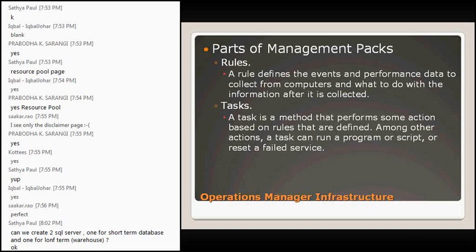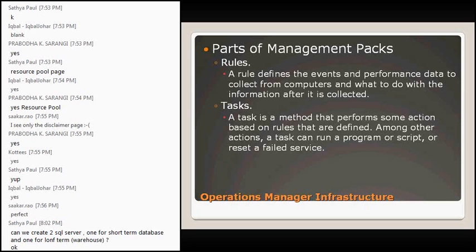It works like an if-then statement: collect if this is this. If the disk space is less than 200 MB, you should collect this data. So a rule is a kind of statement that you make. It's similar to an Outlook rule. A rule is a predefined activity that you want to do.